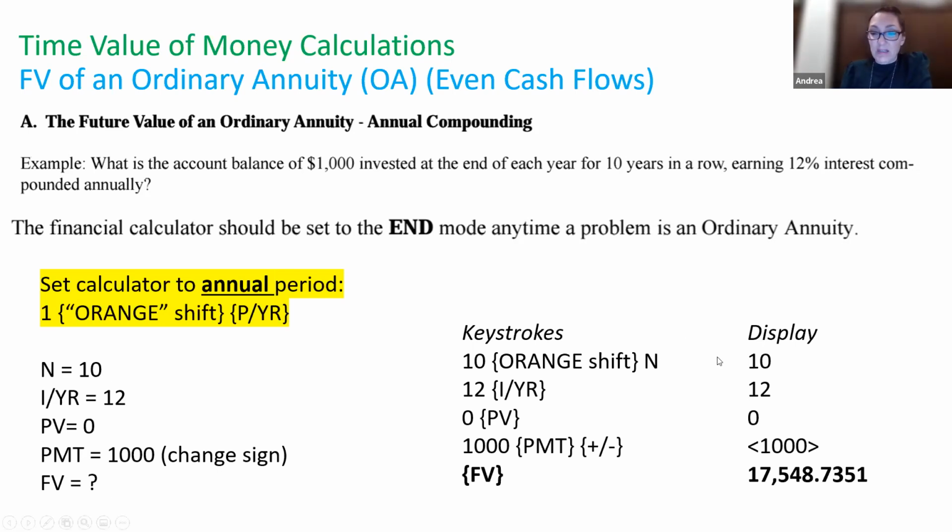In the display, it's 10. 12% is our interest rate. There is no present value, but they show the keystrokes for that variable if you want to put it in. We're not solving for it, so you could even leave that out. $1,000 is the payment. It's going out, so it's going to be negative. And we are solving for future value, which is $17,548.